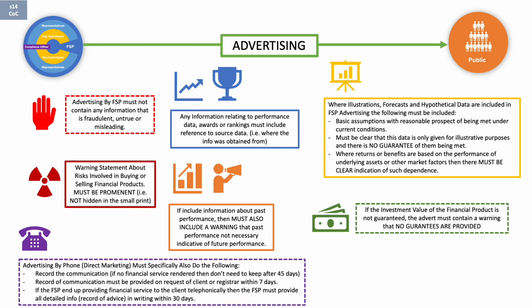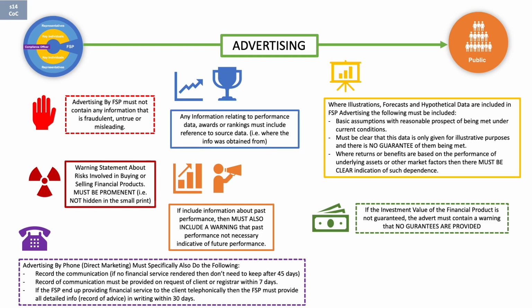When advertising via the phone, also known as direct marketing, the FSP must specifically also do the following. 1. Record the communication. If no financial service was rendered, then the FSP doesn't need to keep a record after 45 days. 2.